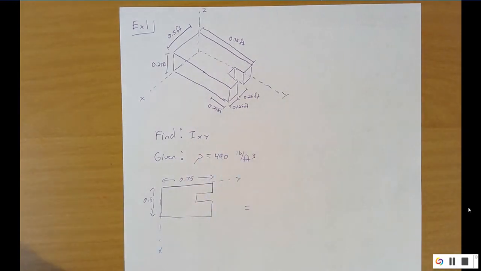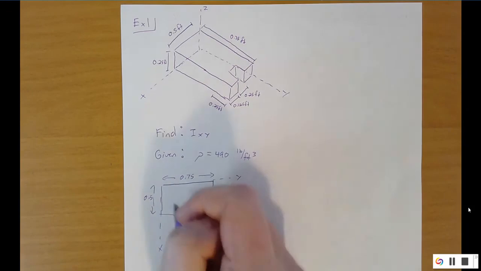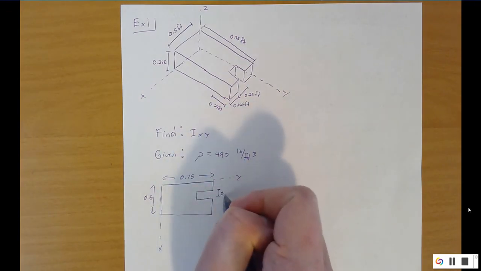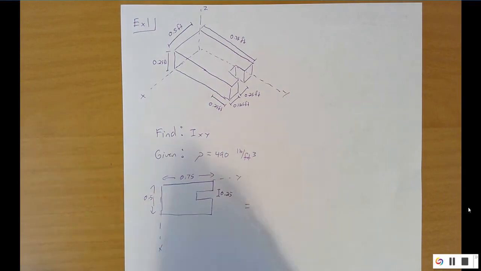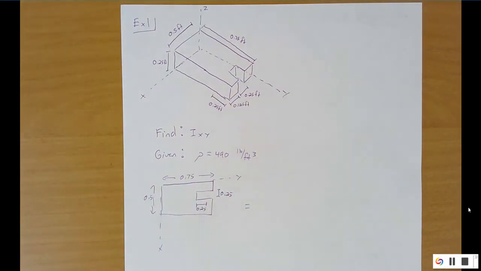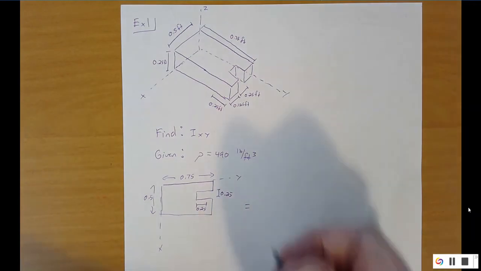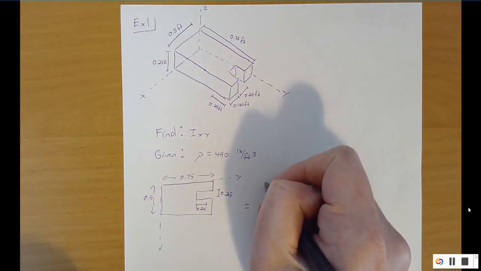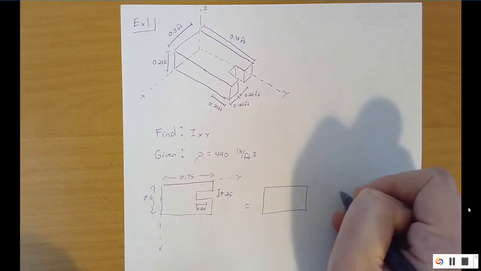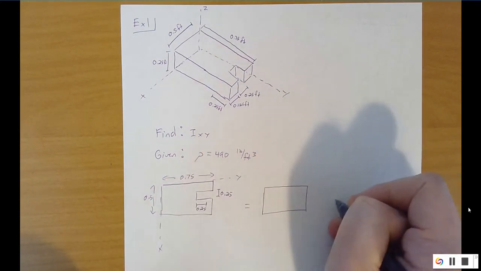We can make this shape. So again, composite bodies are the idea of we want to make simple shapes and then combine them to get to this shape. So we can make a big rectangle and then subtract this. There's this box here that is 0.25 squared. So 0.25 and 0.25. So I can subtract that box out of that and make this shape. That makes it a lot easier for us. So we're going to make a big rectangle, and we're going to subtract a little square.